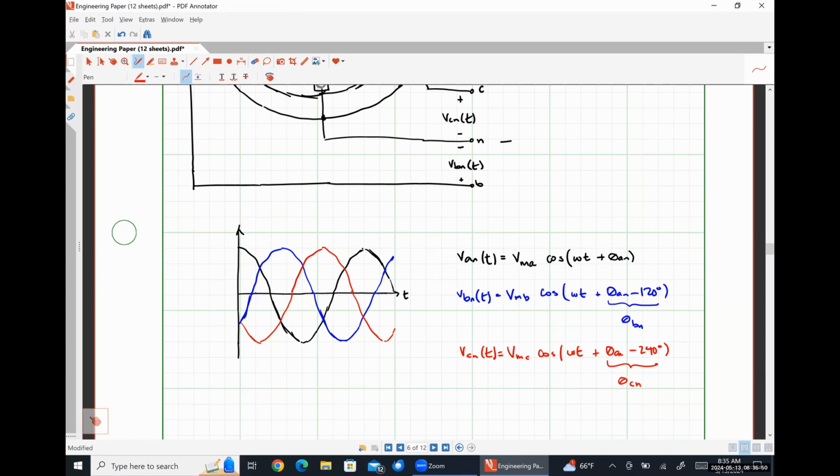This is practically always going to be true, because these generators are effectively built by robots to make sure that those coils have the same physical characteristics and they're all made out of the exact same material, all of that kind of good stuff, so as to ensure that those voltages are going to be as close to each other in magnitude as they can possibly be within manufacturing tolerances, okay? So VMA, VMB, and VMC are all effectively equal unless somebody goes in and intentionally messes something up.